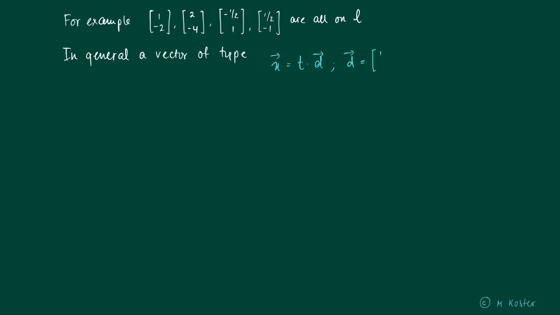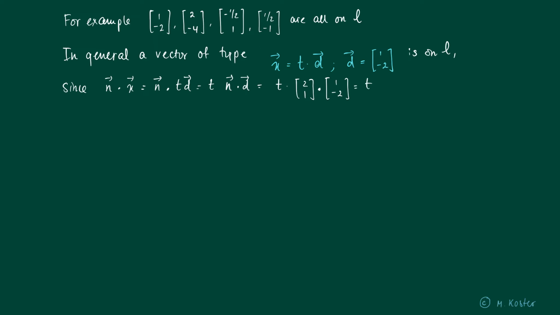Here d is (1, -2), which is on L. You calculate the inner product of n and x, which equals n times t times d, which is t times n inner product with d, equals (2, 1) inner product with (1, -2), which is 0.